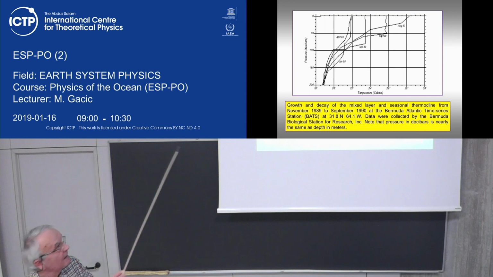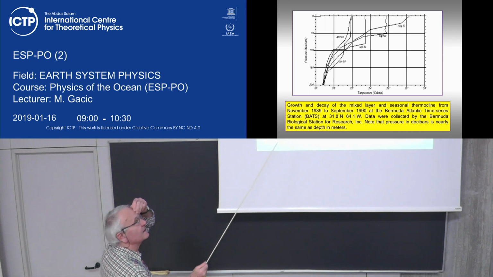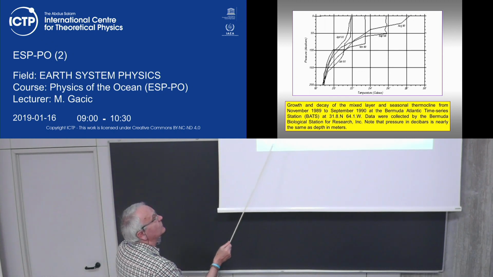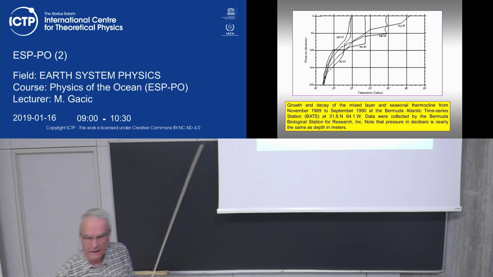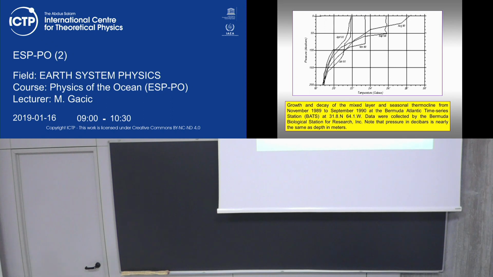What that means is that the vertical mixing does not change too much the depth of 200 meters. The vertical mixing cannot bring the heat from the surface to depths deeper than 200 meters.